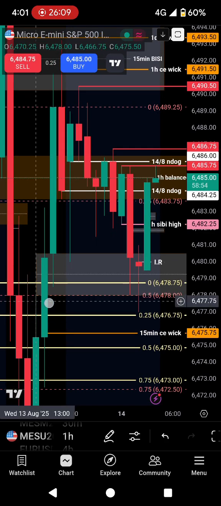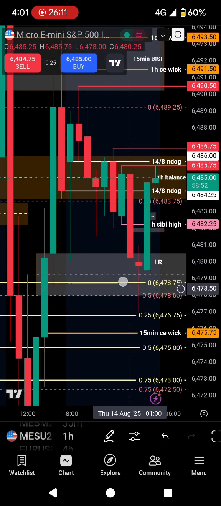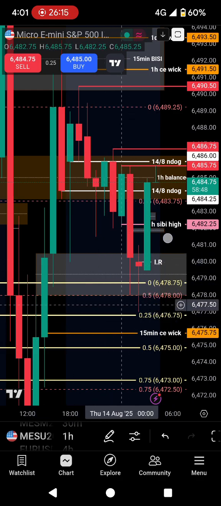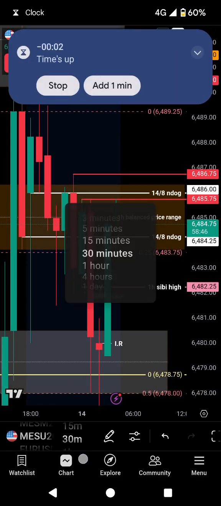So we did respect this BC here. Right now is 4-1. See 1 hour form this swing low in this BC. So right now bullish.